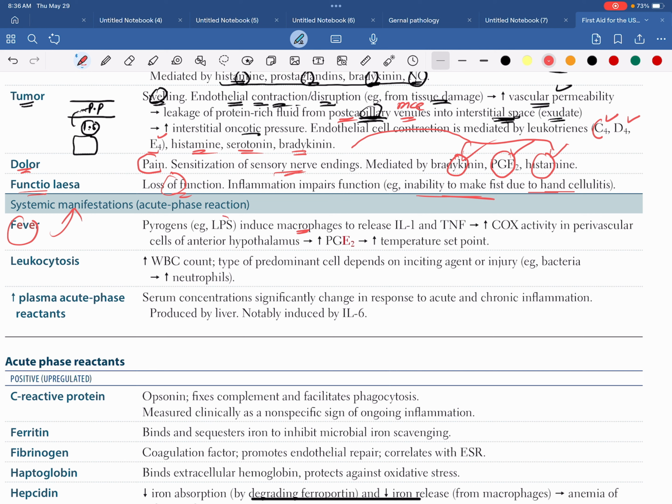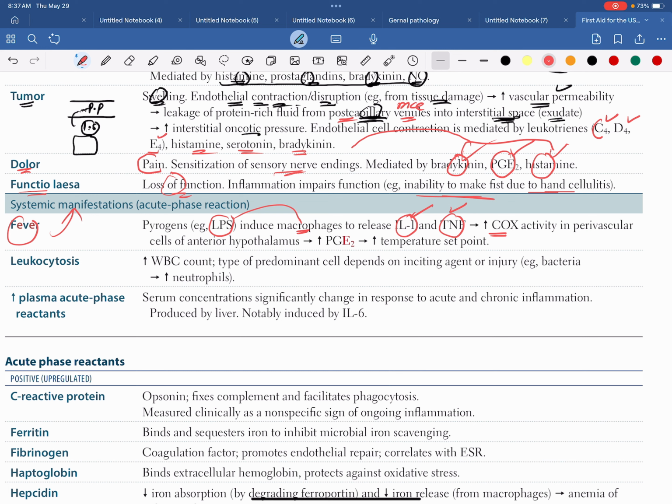When the lipopolysaccharide induces the macrophage, it will release interleukin 1 and tumor necrosis factor, and these will stimulate COX activity in the perivascular cells of the anterior hypothalamus.